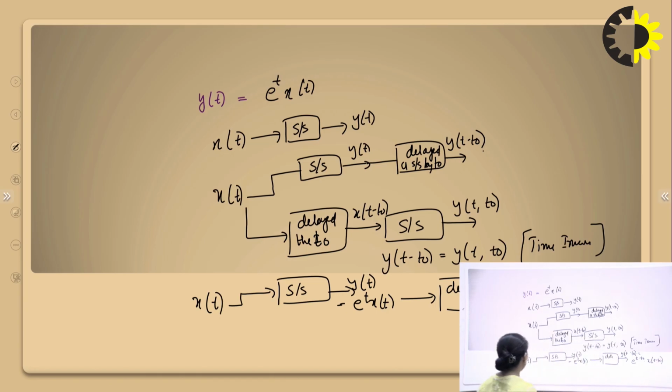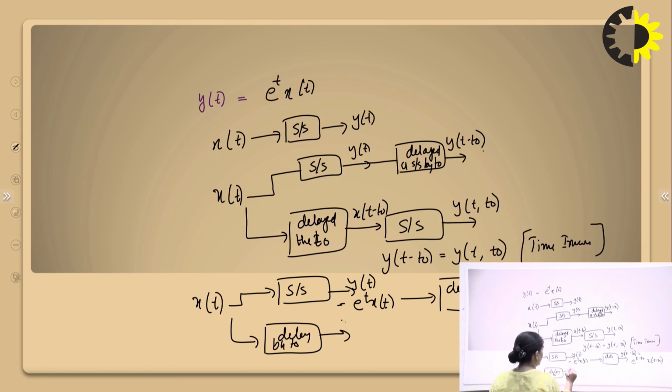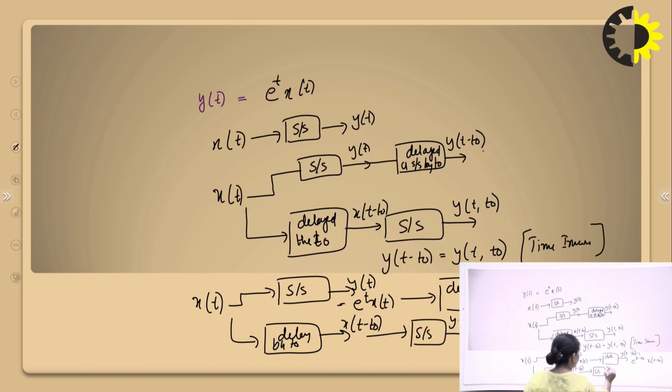Then first we delay by t naught and we got x of (t minus t naught), and then we apply it to the system and we got y(t, t naught), and since it is a delayed input, it is e to the power t into x of (t minus t naught), because the system only multiplies it with e to the power t.